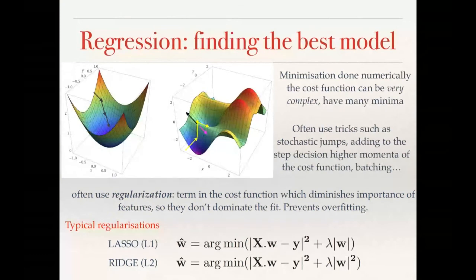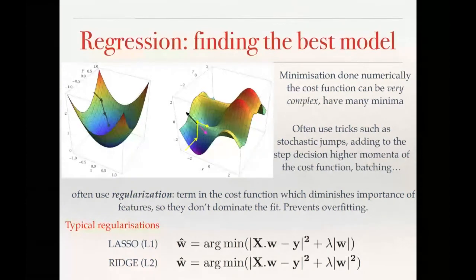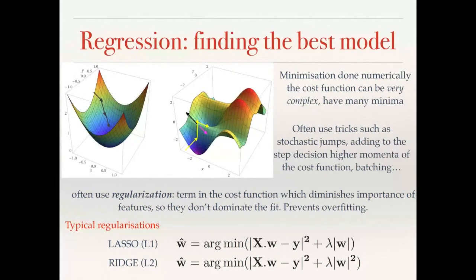So some features artificially bring your minimum or your procedure to places that are not the true minimum. The idea of using regularization is usually to avoid that some features dominate the fit. It prevents overfitting. It prevents the algorithm from focusing on features that are artificially large, and it tries to bring things to a more standard and normal situation.